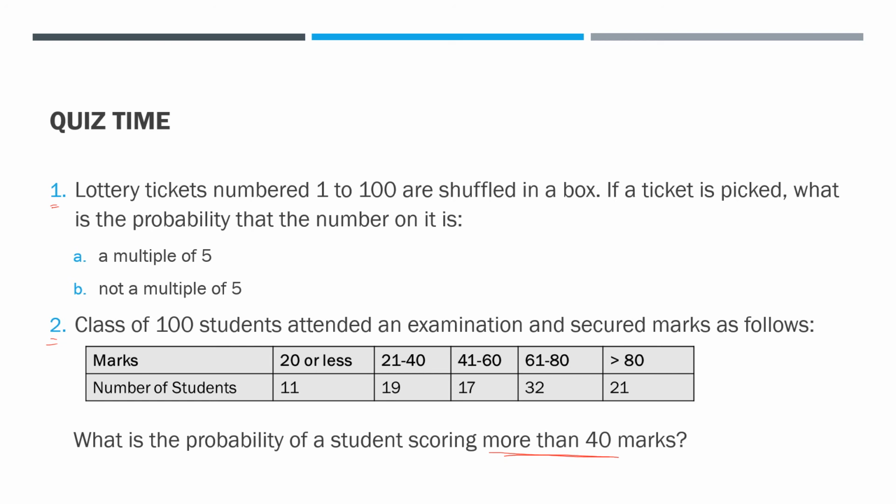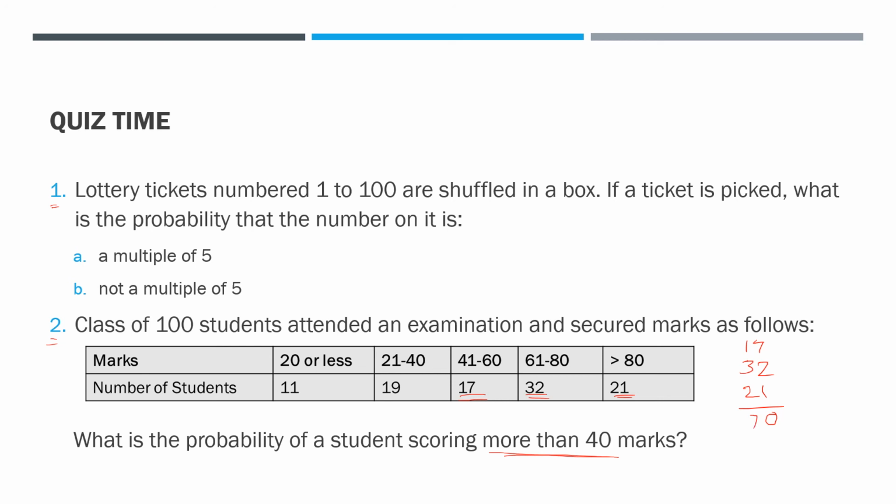Let's see here, more than 40. So 41 to 60, or 61 to 80, or above 80. These are three categories in which the students have scored more than 40 marks. Let's add these up. 17 plus 32 plus 21 is 70.